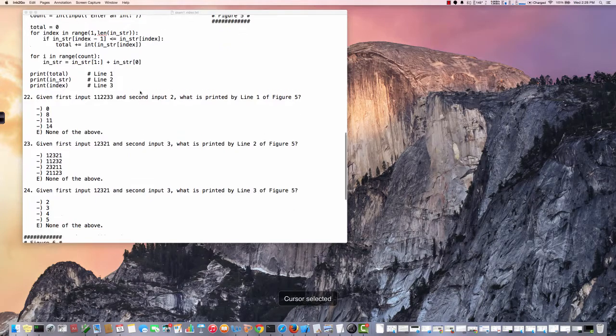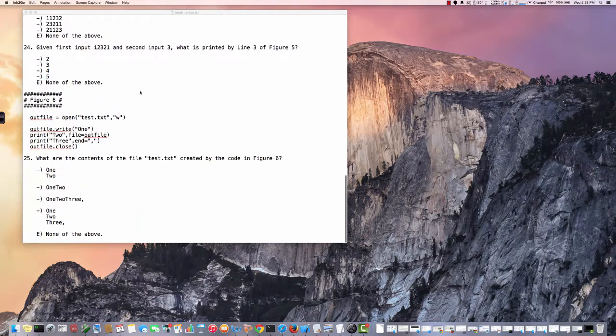Okay, then the last one that caused trouble was the very last question. When I write an exam, there are some questions that I put on there that I think are very hard, and I think only the people who are going to get a 4-point are going to get that, and this is one of those. So there are 2 different ways to write to a file.